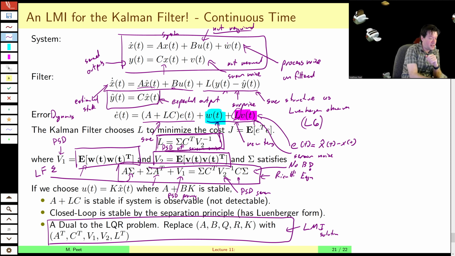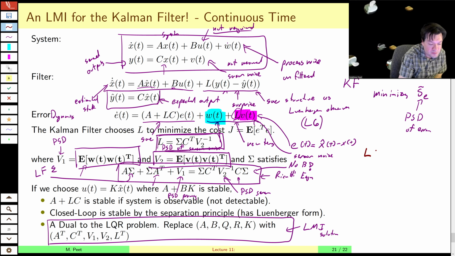Of course, because you've chosen your Kalman filter to have the Luenberger observer structure, that implies the separation principle holds. Which means that if A plus LC is stable, which it must be if this is to be finite, right?